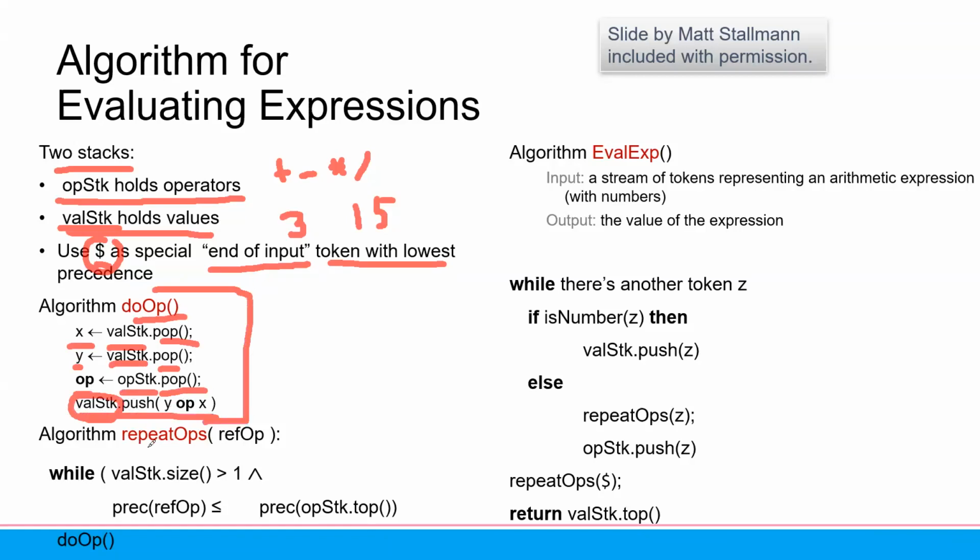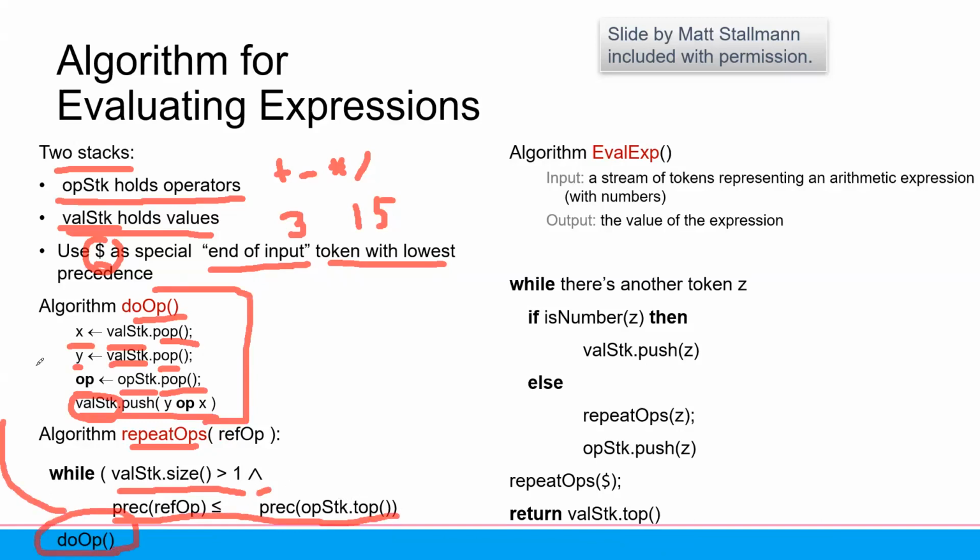What about this repeatOps? In repeatOps, if the size of the value stack is greater than 1, and if the precedence of the reference is less than the precedence of the operator on top of the operator stack, then we will do this operation.